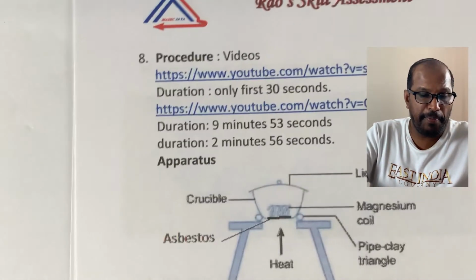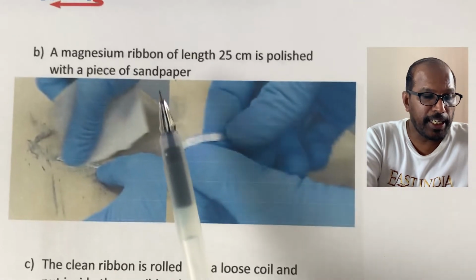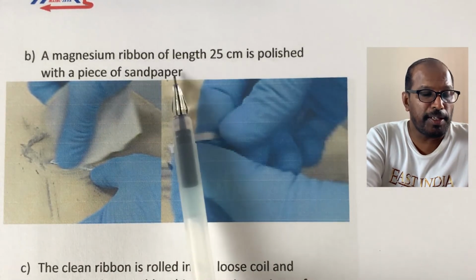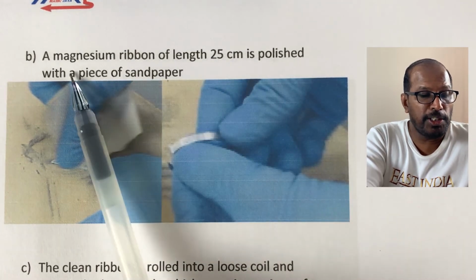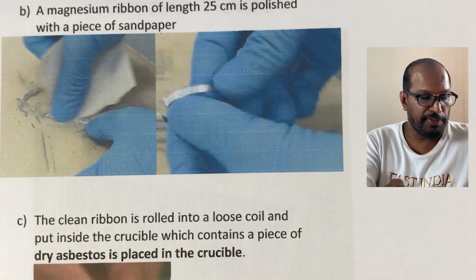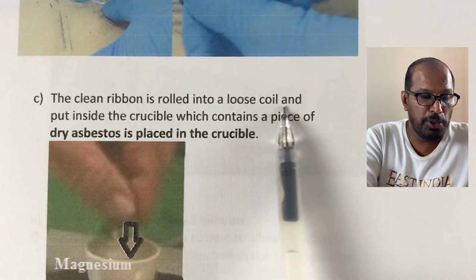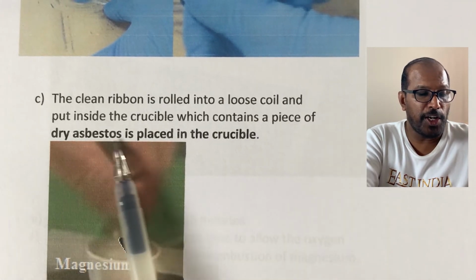Then the next step, we need to take a 25 centimeter magnesium ribbon, polished with a piece of sandpaper. So you polish it. After you polish it, the clean ribbon is rolled into a loose coil and put inside the crucible, which contains a piece of dry asbestos.